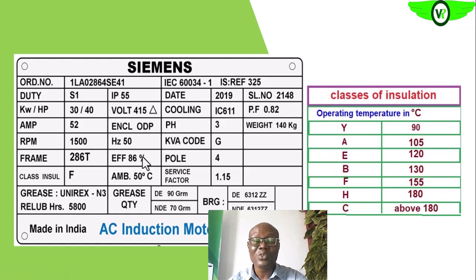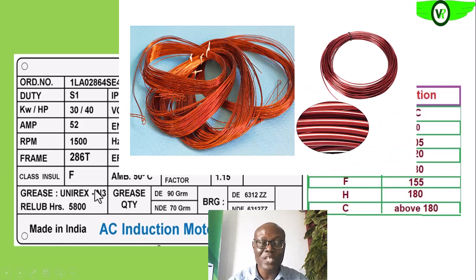So this is one of the mistakes that we make when selecting material. When you are selecting the insulated copper wire for this motor, you have to be sure that it is designed for class F.